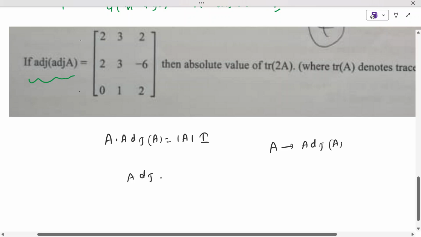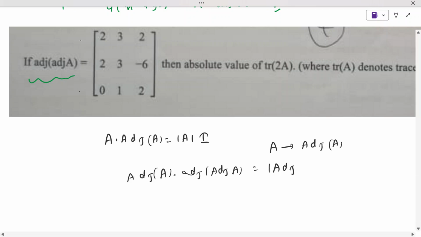Adjoint of A into adjoint of adjoint of A should be equal to mod of adjoint of A, and the mod of adjoint of A is mod A to the power n minus 1.